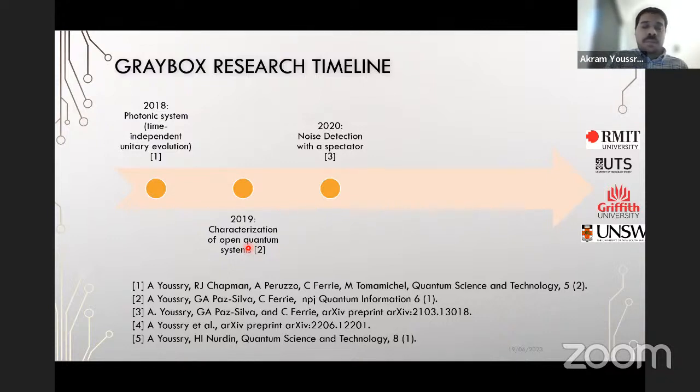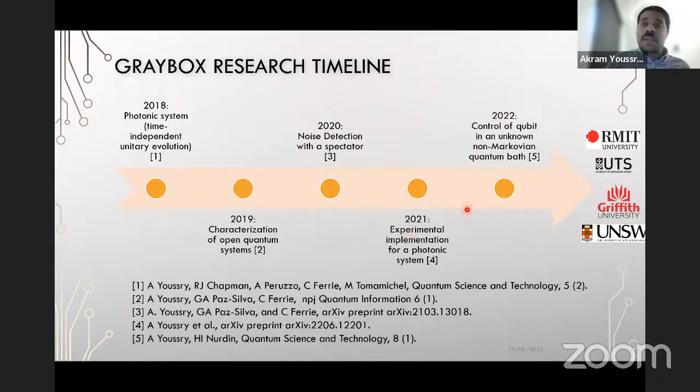I'll talk about it later. This is a way to increase the throughput of quantum computation. Then in 2021, so this was all theoretical essentially, we actually did the experiment. We did the full protocol where we train a Graybox and then use it for control and assess the performance of control.